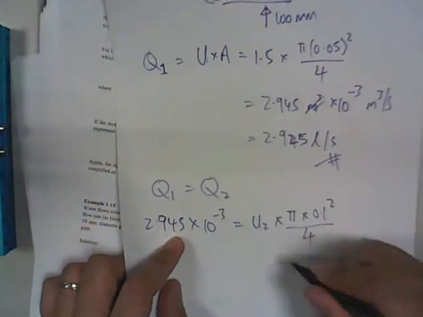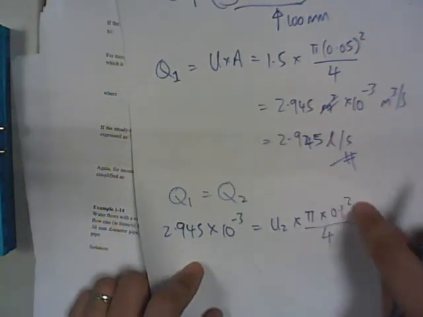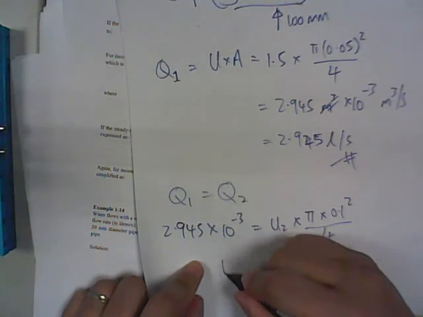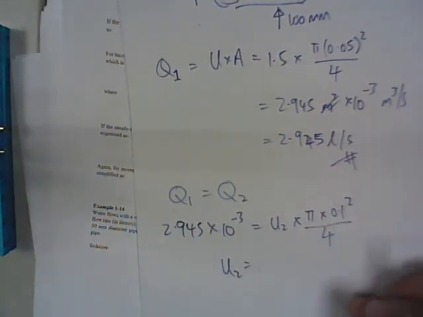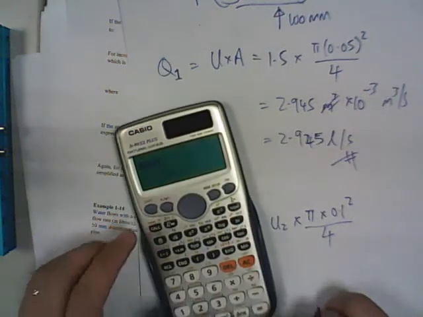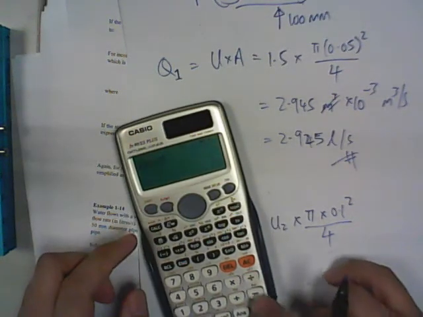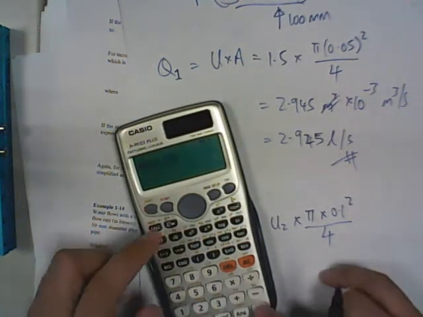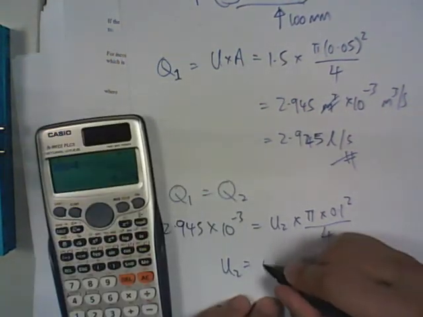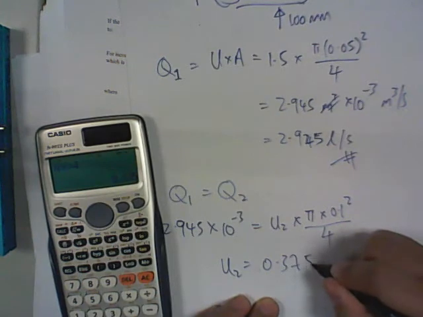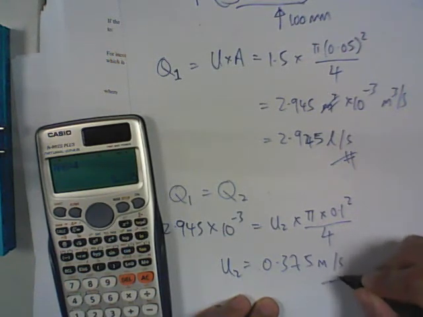So this is the cross-sectional area. So U2 is just this divided by this, divided by pi over 4 times 0.1 square. That gives 0.375 meters per second.